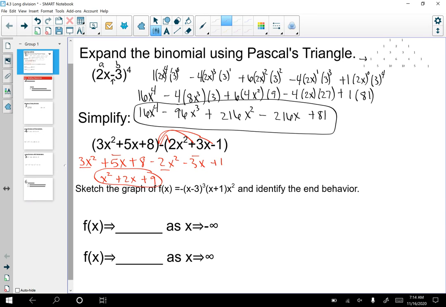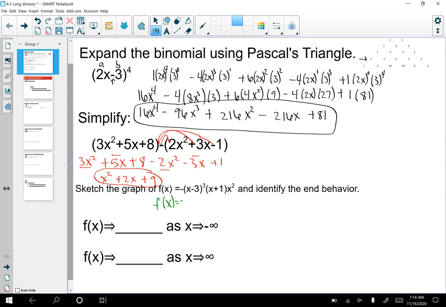There we go. And finally, sketch the graph of f of x equals negative x minus 3 cubed, x plus 1, x squared. So again, this step maybe isn't necessary for you, but I'm going to show it just so we can all follow along. We have f of x.